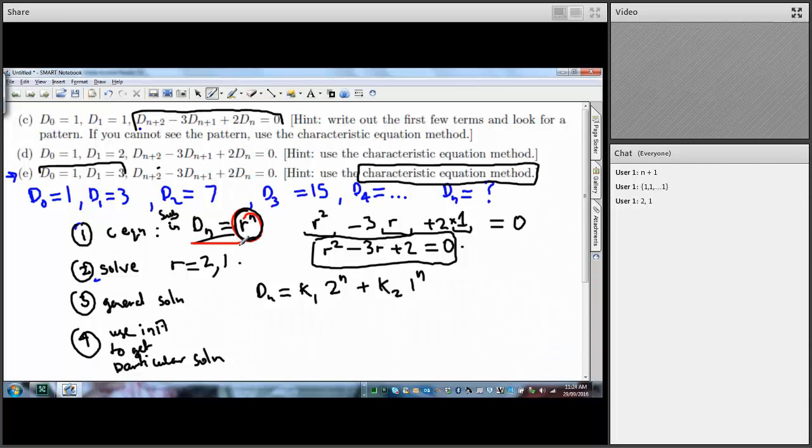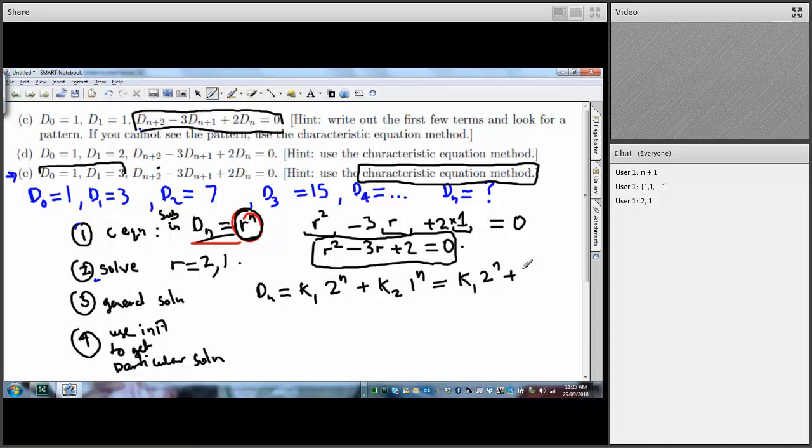Okay, so we've got our solutions. From that, we can then just write down a general solution. The general solution is any number, let's call it K1 for the moment, times the first solution to the power n, plus another number times the second solution to the power n.